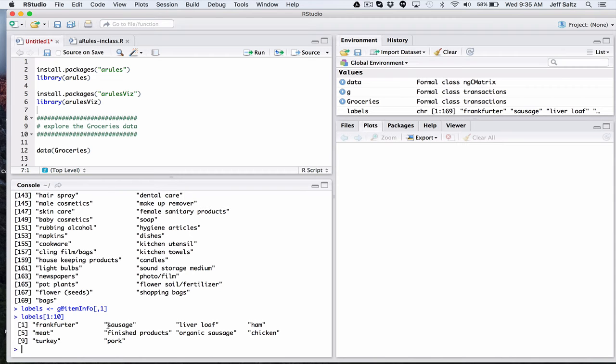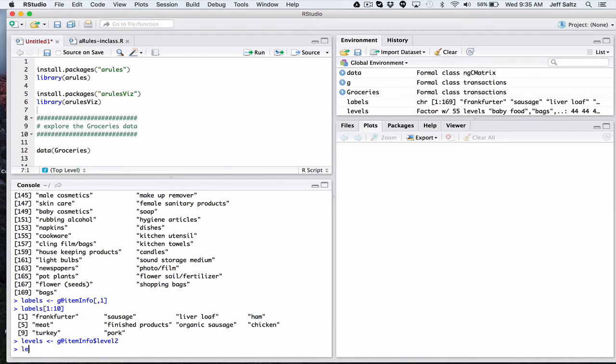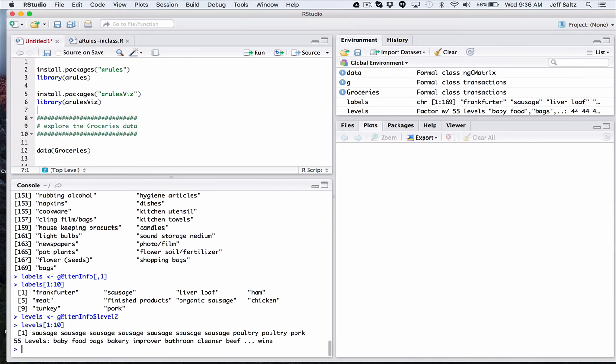And we could do the same thing with the level 2 information, to see again the secondary detailed information. So now we've got 3 different variables. We can actually create a data frame that summarizes our transactional data set.